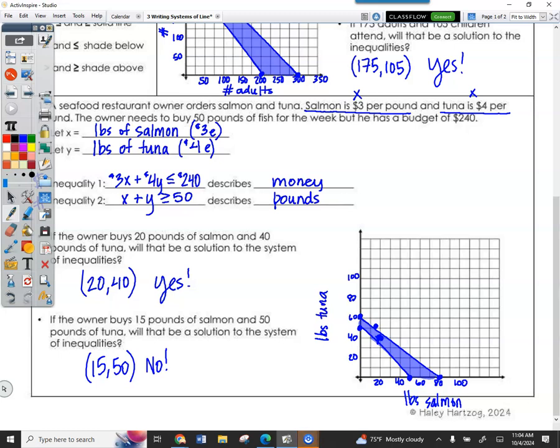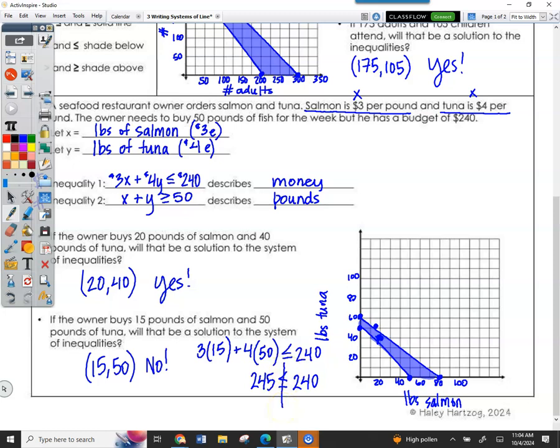You could also algebraically prove that it doesn't work. If you plug this in, that's X, that's Y. If you plug it into the inequality, this would be 45 plus 200, that's 245. Is that less than or equal to 240?